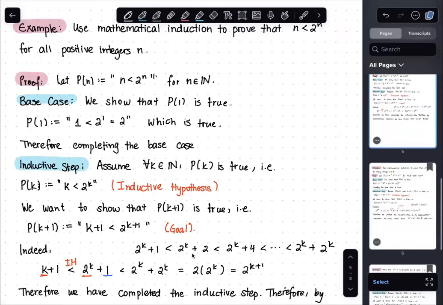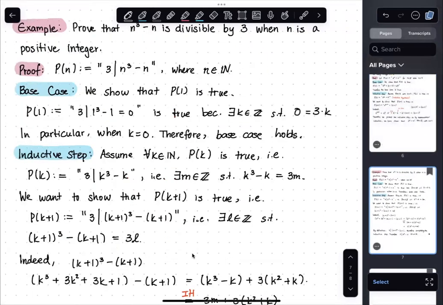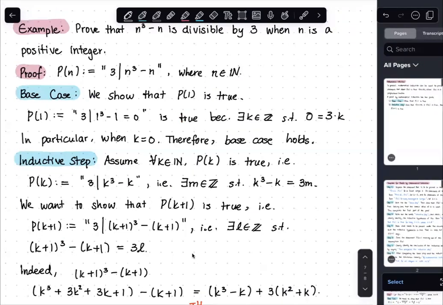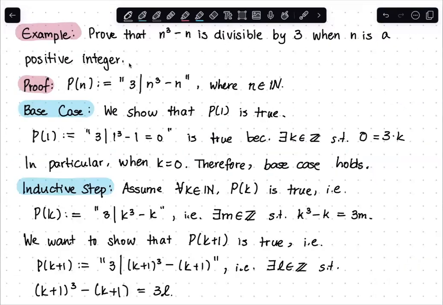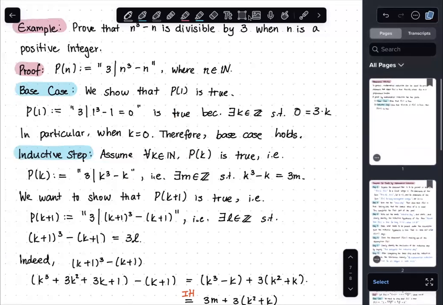Then we looked at two different inequalities, and then we looked at one that involves divisibility. So that's going to complete this series on mathematical induction. So hopefully, guys, you understand the concept of mathematical induction a bit better. So yeah, that's going to wrap things up for today, and I'll see you guys soon.